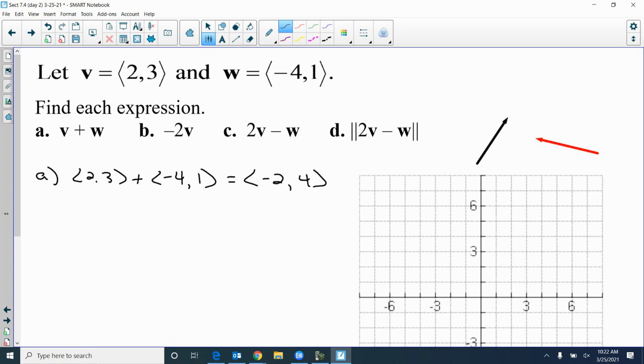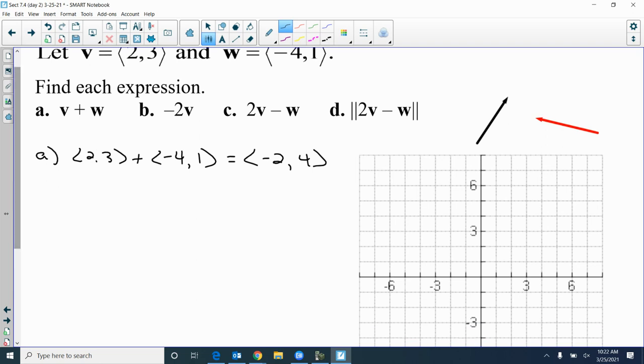Now, I just want to make sure that you see how that matches up with the geometry part. Up here is 2, 3. There's the vector 2, 3. There's the vector negative 4, 1. Let's add them geometrically.